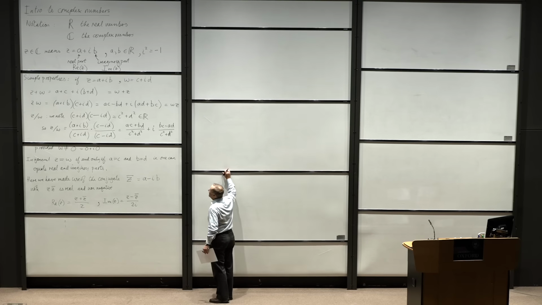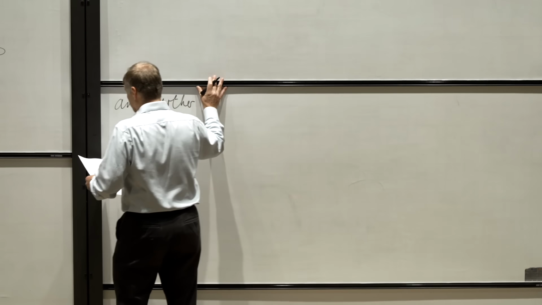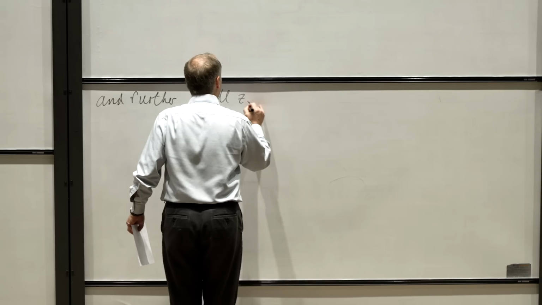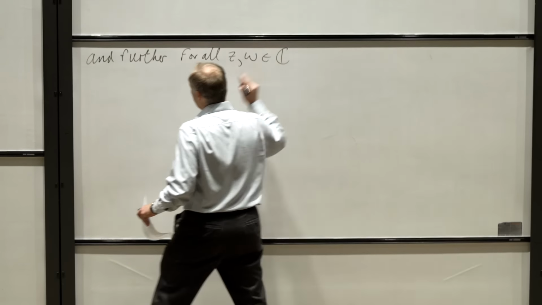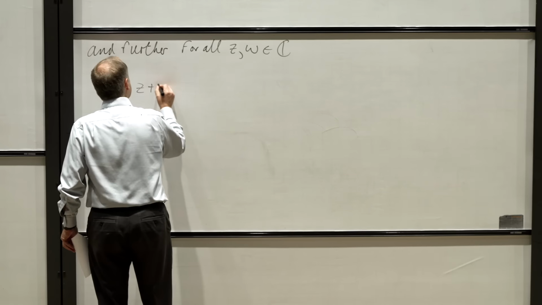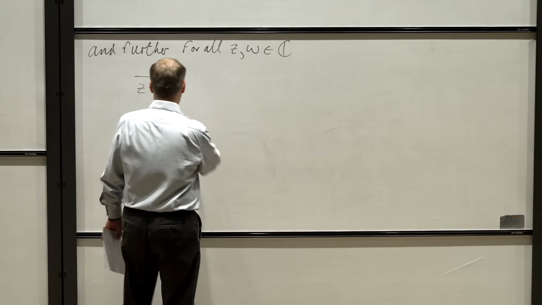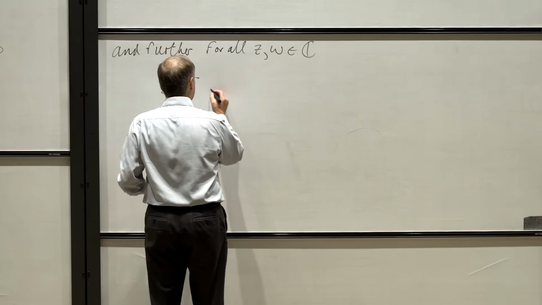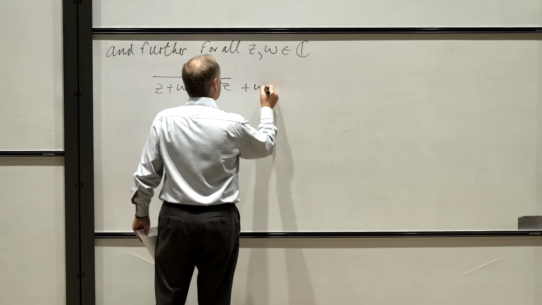I'll just carry on here. And further, the following are true. For all z and w in the complex numbers, z plus w bar, right? So z plus w is a complex number, so you can take its conjugate, and this turns out to be the same as z bar plus w bar.